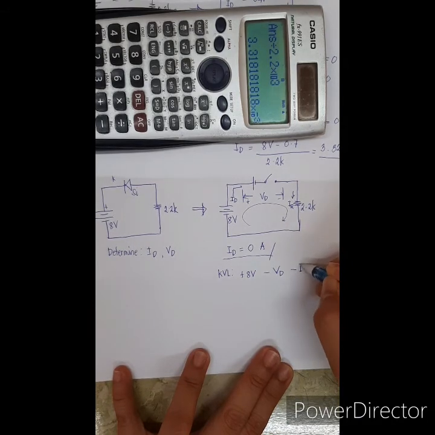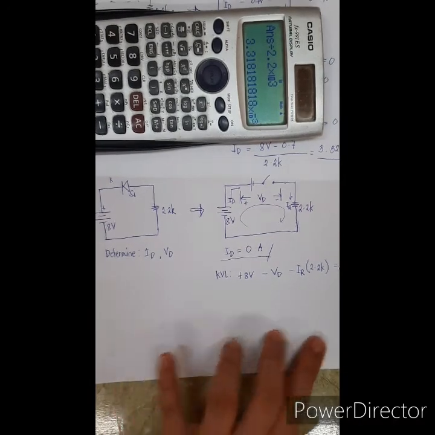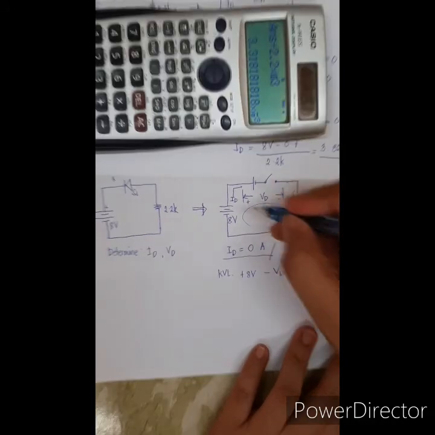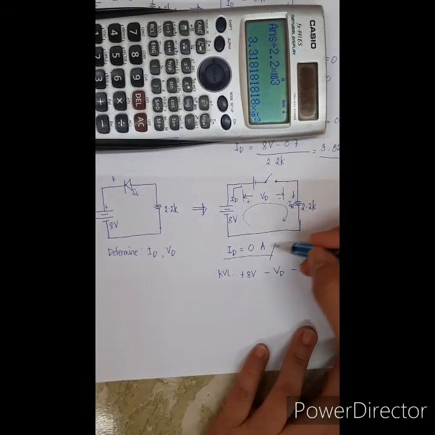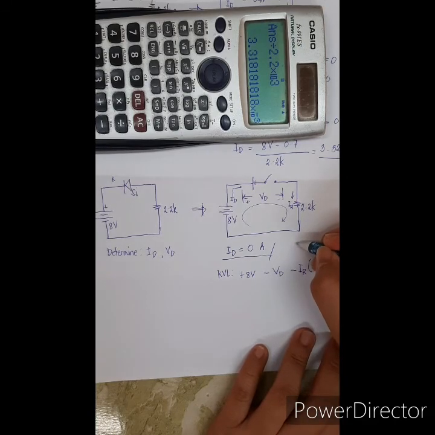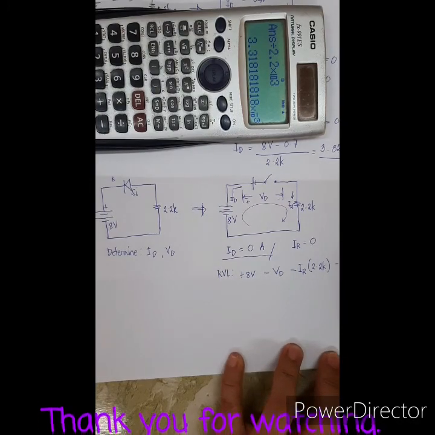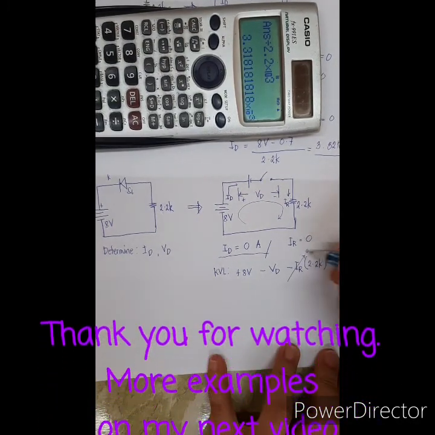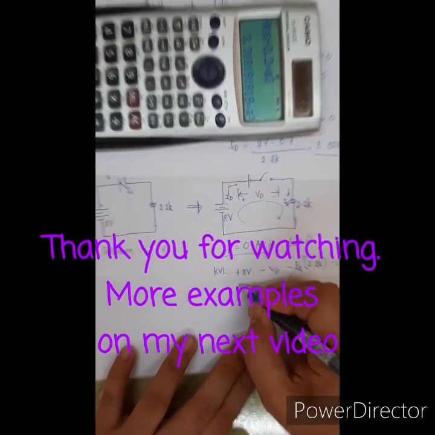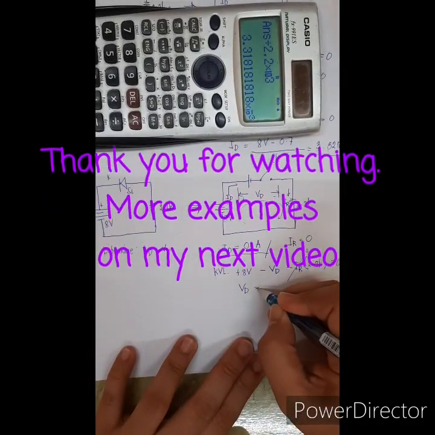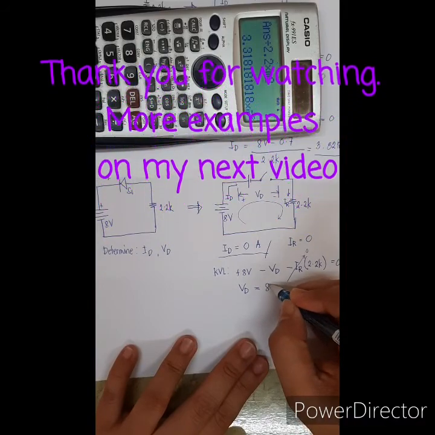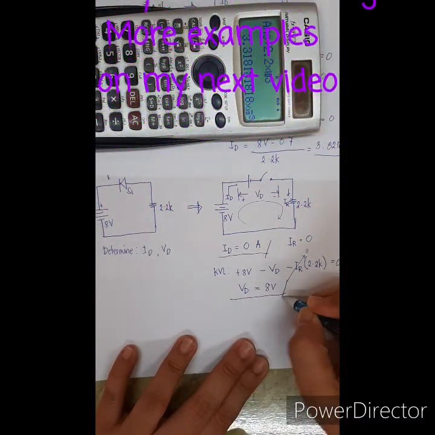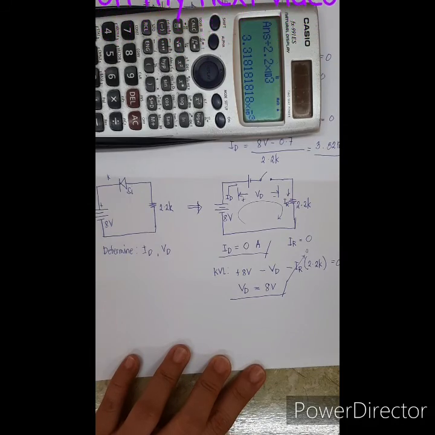So, that is minus IR times the 2.2K is equal to 0. Kung ang ID natin is equivalent to 0, automatic that our IR also is equivalent to 0. Therefore, that is 0. Therefore, finding for VD, it is equivalent to positive 8 volt. Okay?